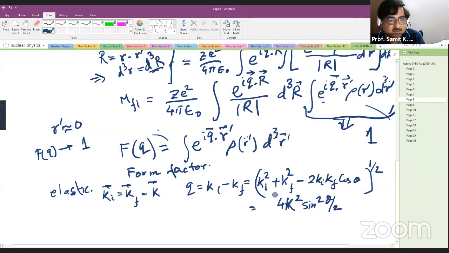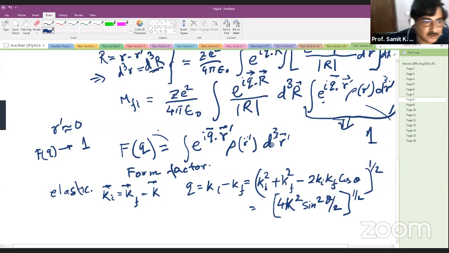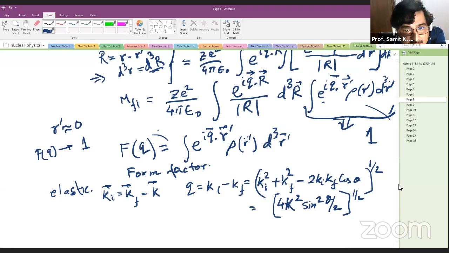That you will get here. So now, if we try to calculate the value of the radius, then immediately you can calculate from here.